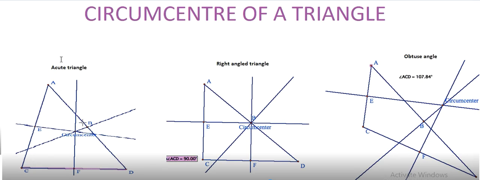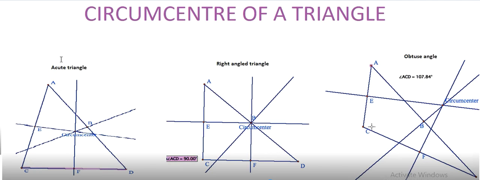If we consider the acute triangle, the circumcenter will lie inside the triangle. But what about the right angled triangle? For the right angled triangle, the circumcenter will be the midpoint of the hypotenuse. This is the angle 90 degrees. The side opposite to the angle 90 degrees is called the hypotenuse. So the circumcenter will be the midpoint of the hypotenuse.